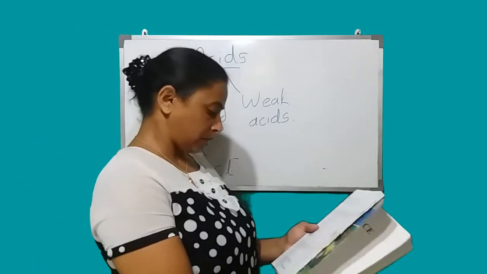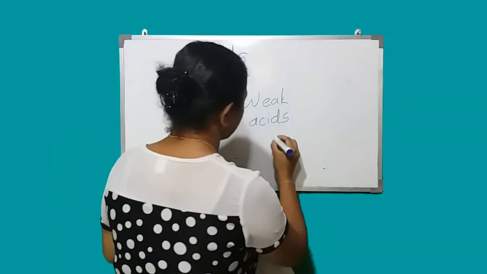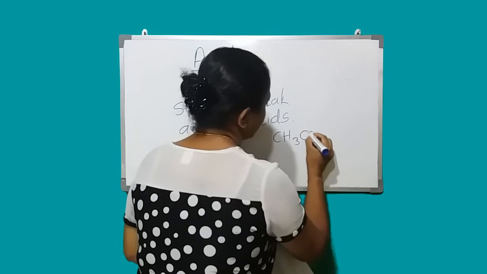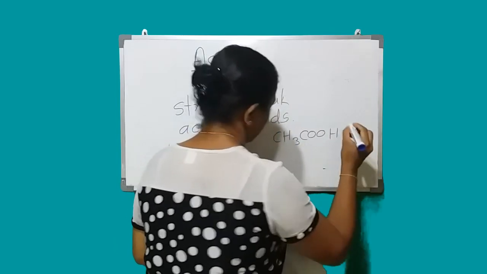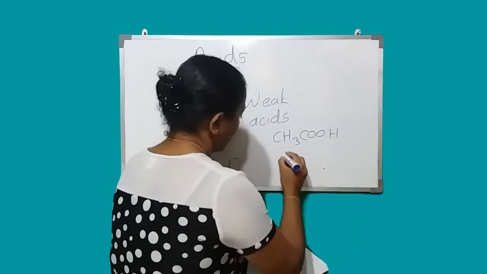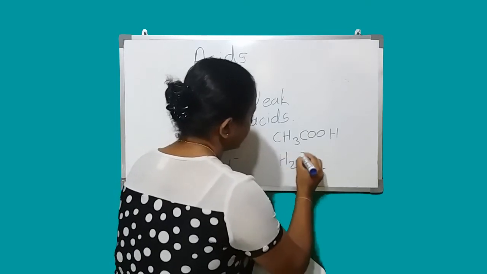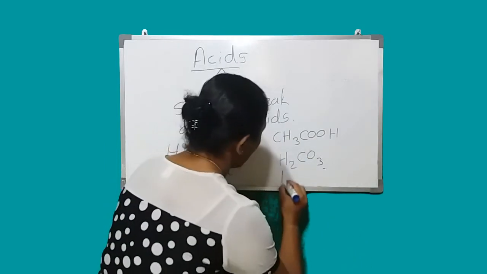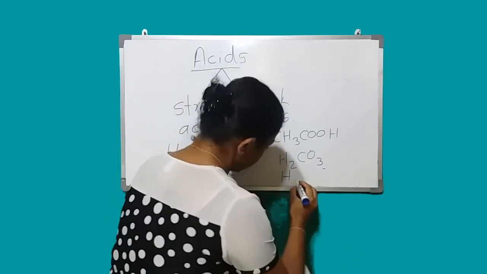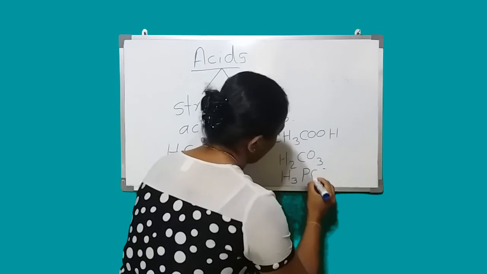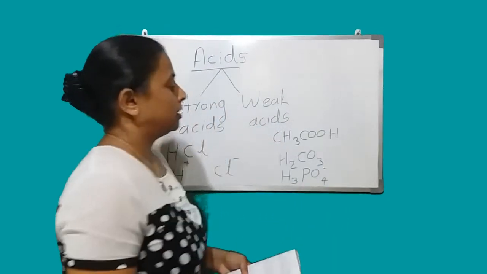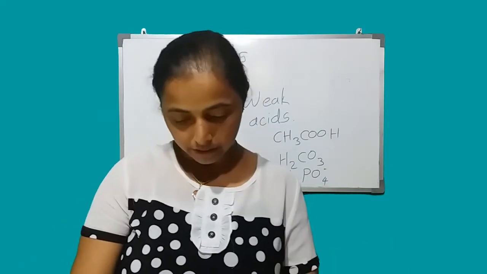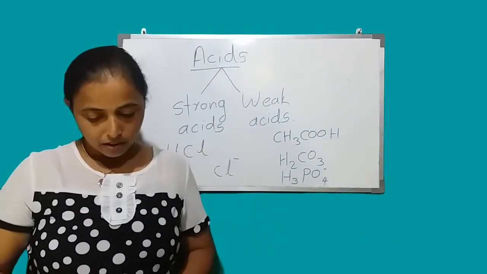Acetic acid CH3COOH, carbonic acid H2CO3, phosphoric acid H3PO4. That is weak acid.